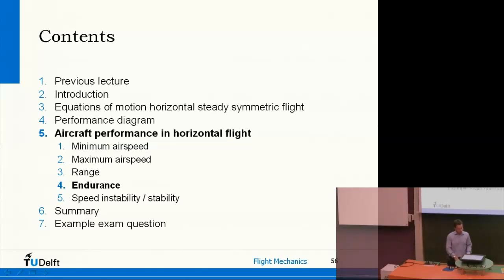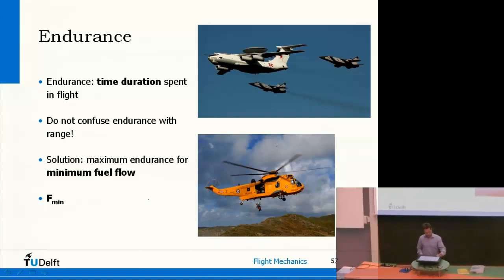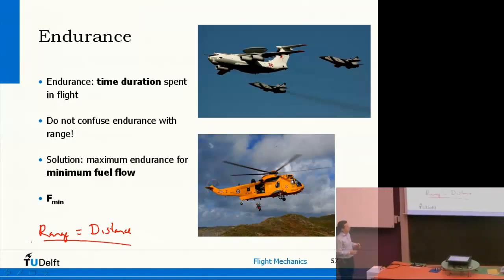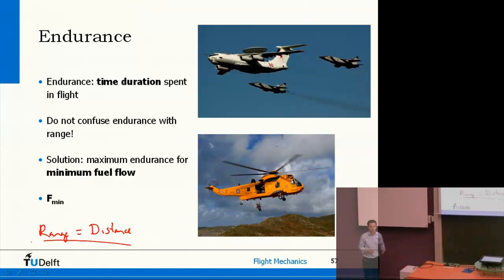So that was all about range. Now let's have a look at endurance. Endurance is a bit of a different topic, because range is all about distance. You can imagine that if you're in another type of aircraft, so one that is flying, for example, with a radar just circling around, you're not interested in getting to a certain distance.